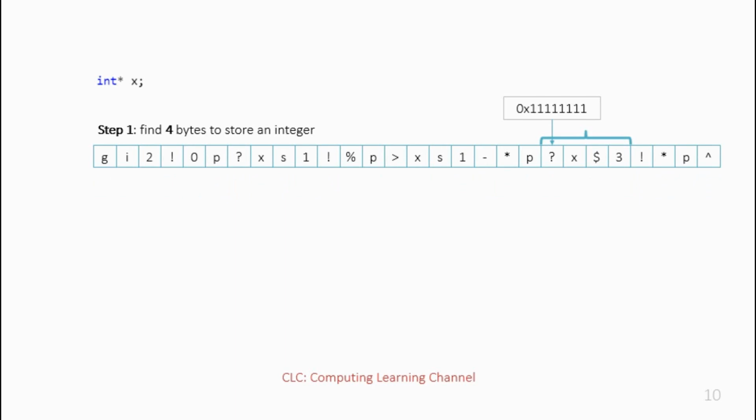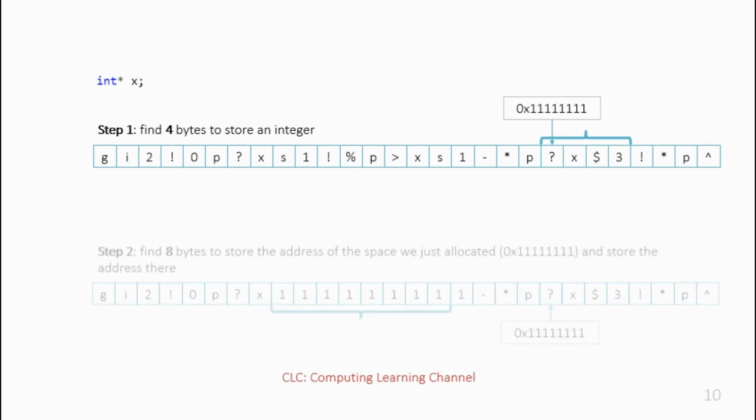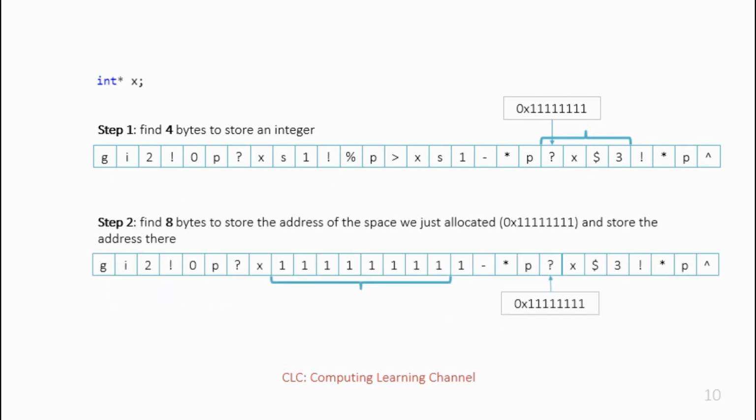Once the compiler finds that 4-byte cell, it records the address of the first byte of that cell. It wouldn't make sense to record all the 4 addresses associated with each byte, so we just need one. Next step is to find 8 bytes to store the address of the space we just allocated and store that address in there. Please refer to the picture for an illustration. The compiler now knows that these cells are no longer vacant. The final step is to assign the address to x.